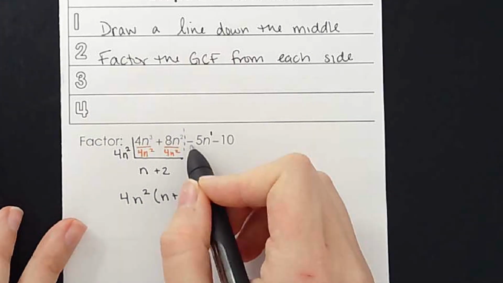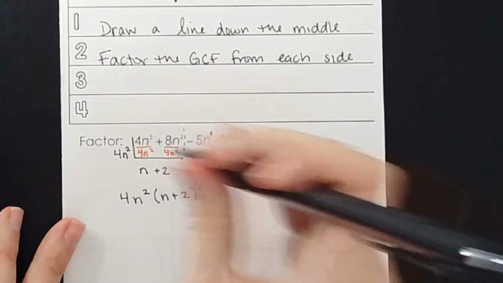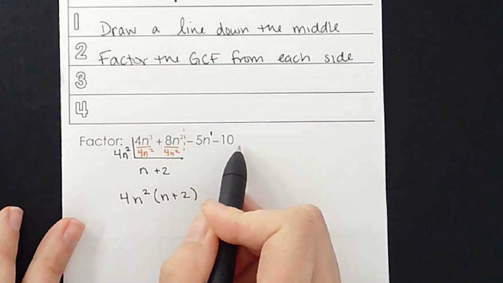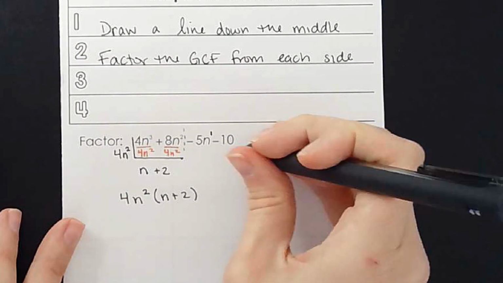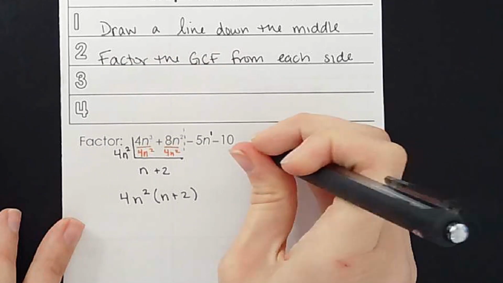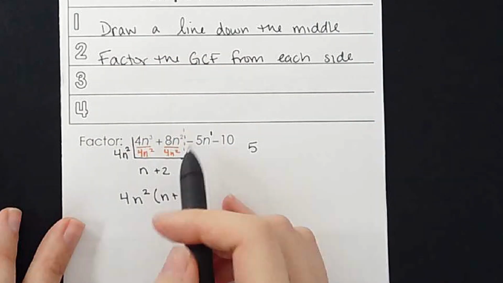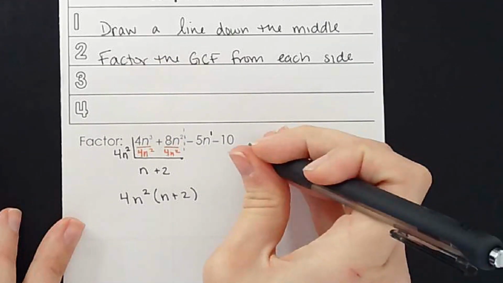Now I'm going to look at my next 2 terms. So I'm going to do the same thing. What can I divide from both of these? Well, I can pull out a 5 from both of those. And actually, these are both negative. I could pull out a -5.